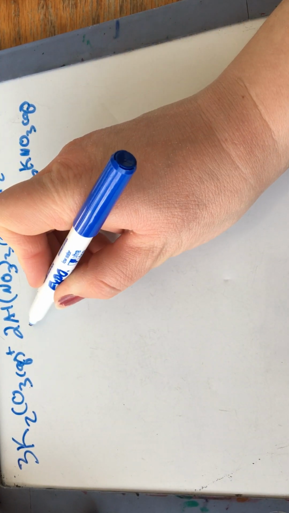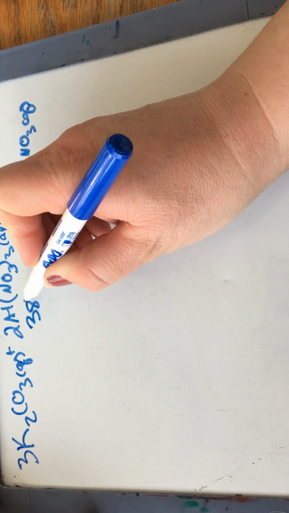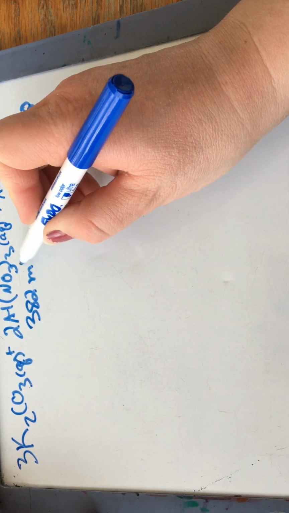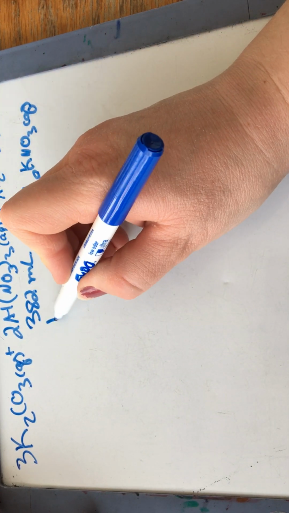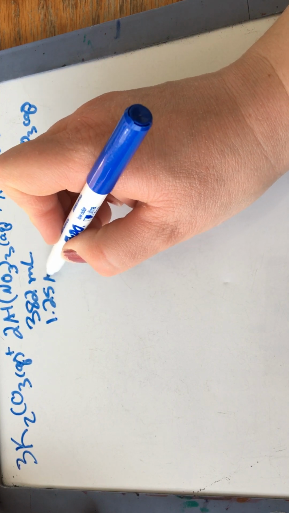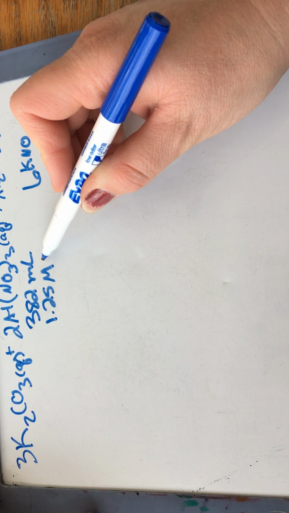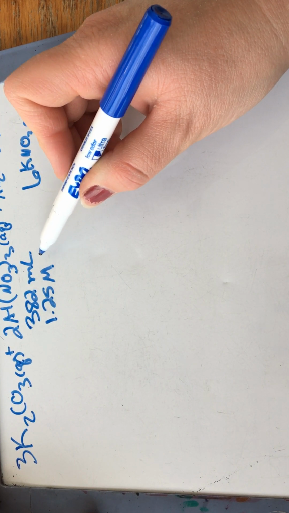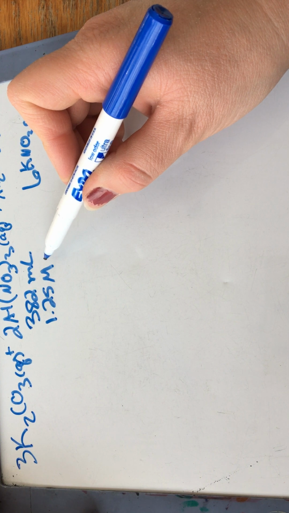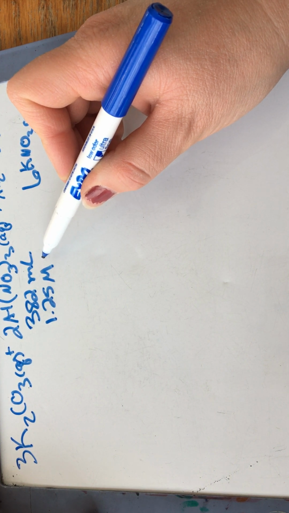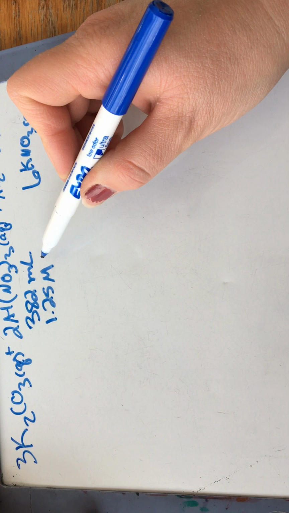so we have 382 milliliters of 1.25 molar. So molarity is a dilution factor, basically. Molality is solubility.